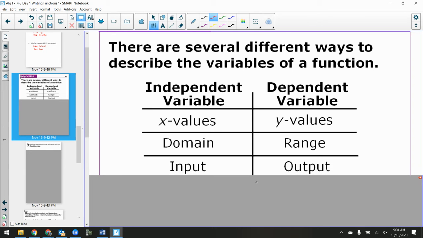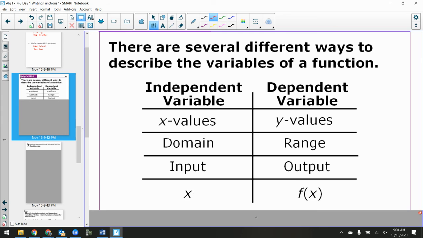Now, if you call this a function, if it meets all of the requirements to be a function, you can use this special notation. Okay? Normally we would think x and y would pair together, right? But if you say that it's a function, you can say x and f of x.